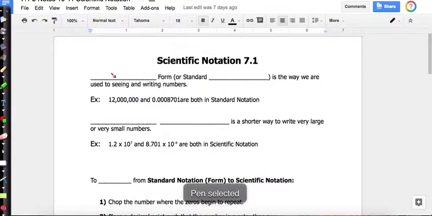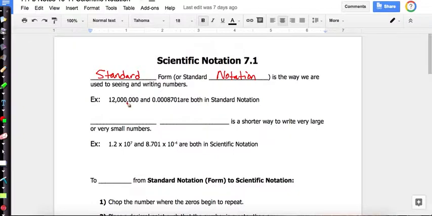So, standard form or standard notation is the way we are used to seeing and writing numbers. So today we're going to learn about scientific notation, which is a way that we can use to write very large numbers.